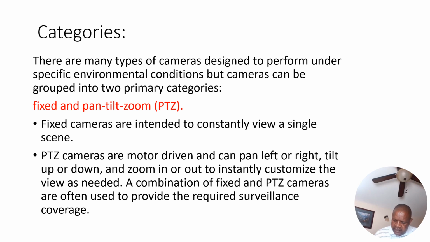Fixed cameras are intended to constantly view a single scene. PTZ cameras are motor driven and can pan left or right, tilt up or down, and zoom in or out to instantly customize the view as needed. A combination of fixed and PTZ cameras is often used to provide the required surveillance coverage. So in most facilities, you will find a combination of both fixed and pan, tilt, zoom cameras.